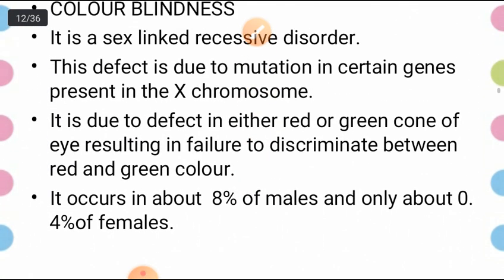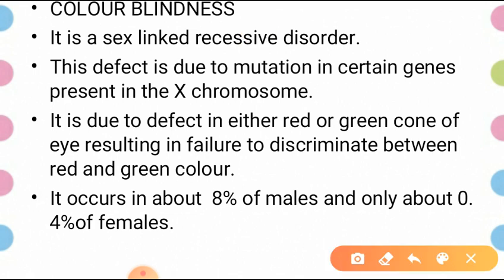Because a male has one X and one Y chromosome. Clear? They have only one X chromosome. So even if this one carries the allele for color blindness, the male will be affected.